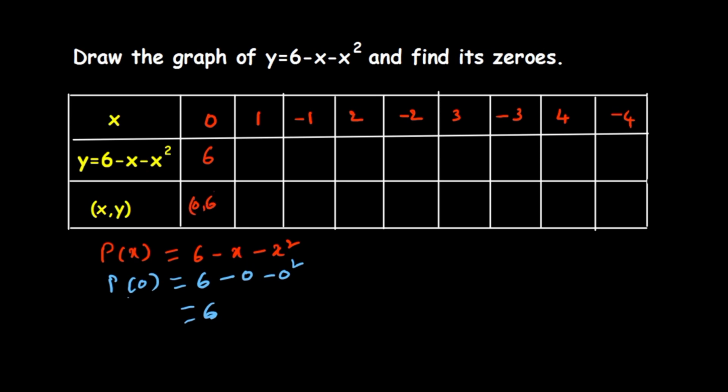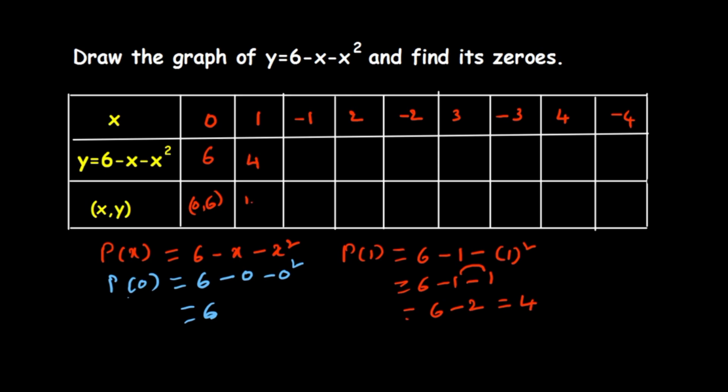Now I'm going to substitute 1, then p of 1 equals 6 minus 1 square, which is 1. So 6 minus 1 is 5, no, 6 minus 1 equals 5... so by taking 1 we get the value 4 here, so the point is 1 comma 4.